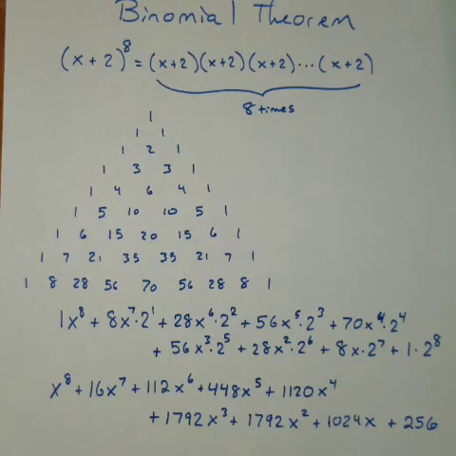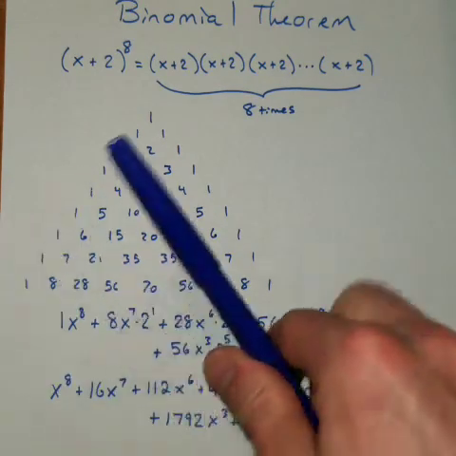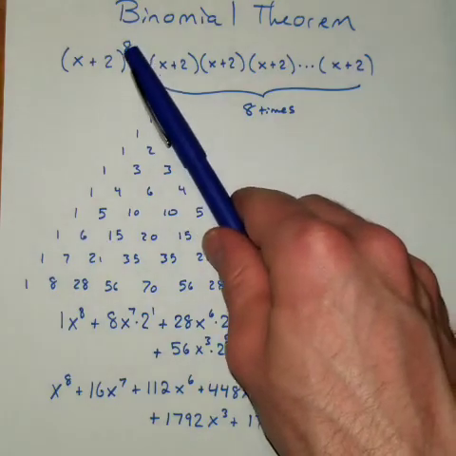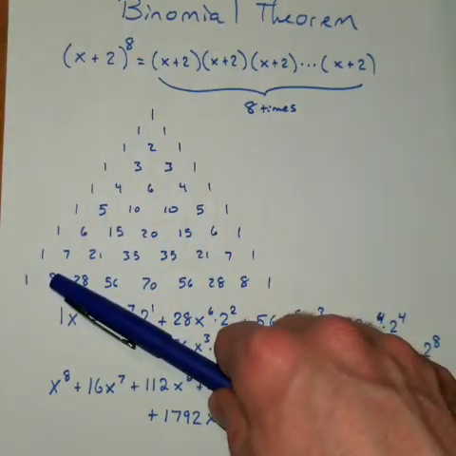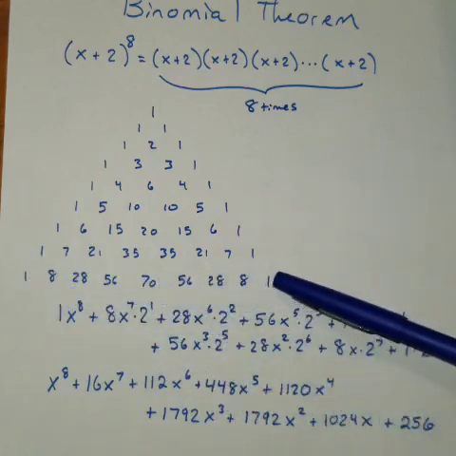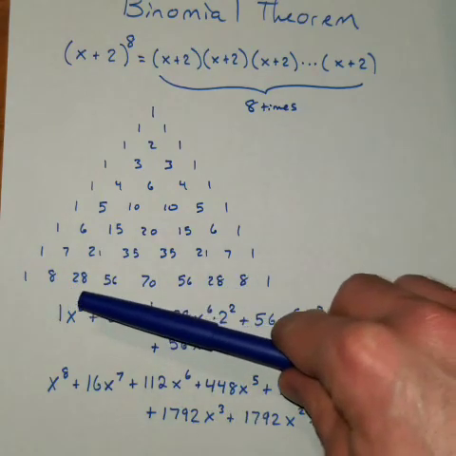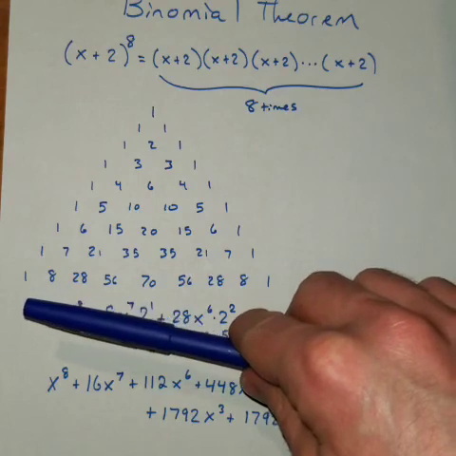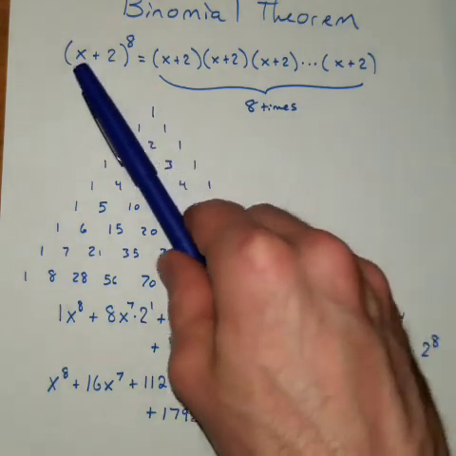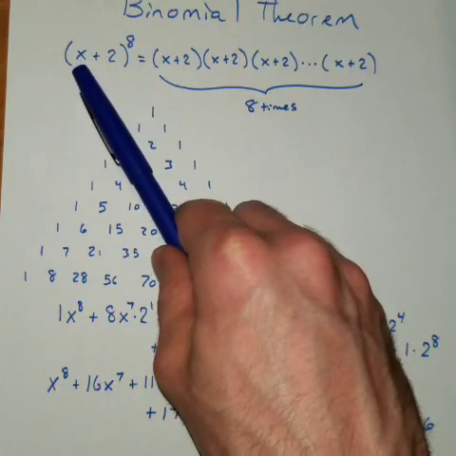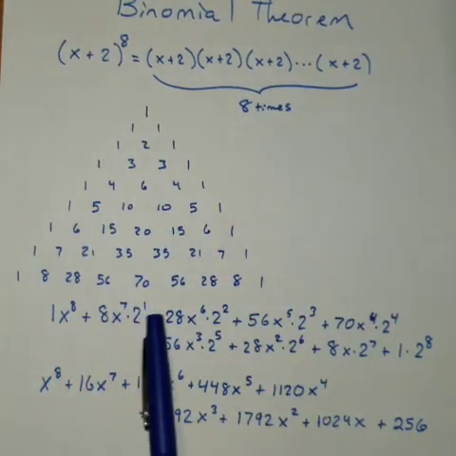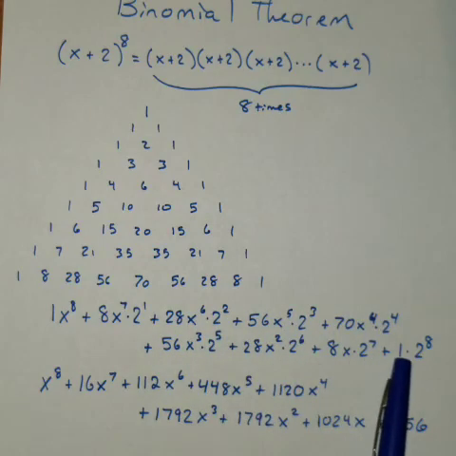So, once again, I'll rehash this. You build up the Pascal triangle until you find the row that has an 8 in the second spot. Then you use that row as the original coefficients. Then you take the two terms in the binomial. The first term, you start with the max power of 8 and decrease it by 1 all the way down.